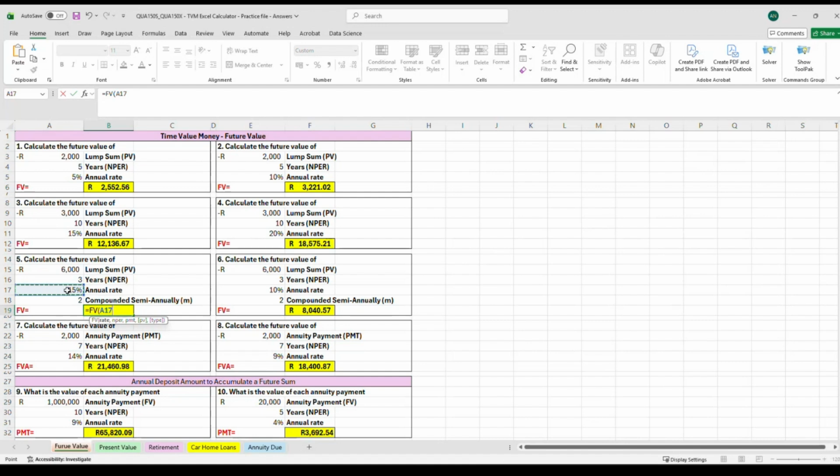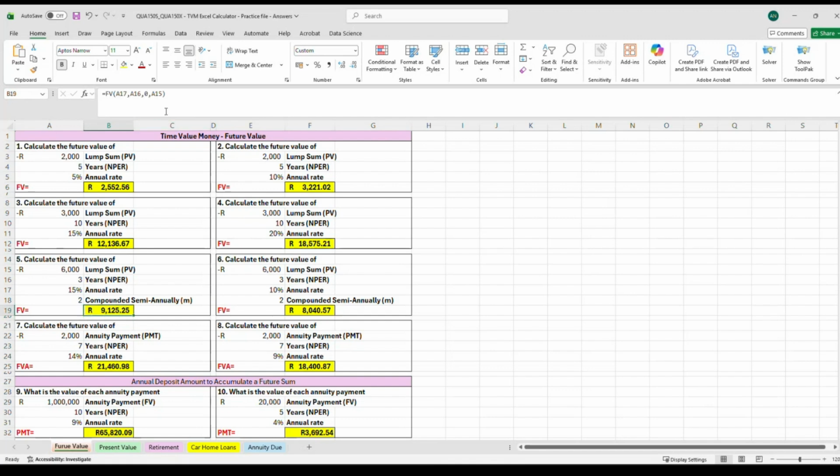Just click once on the rate, comma. Then it says we must select NPER. Which one is NPER? It's that number. Then we don't have a PMT, we have a PV, so we're going to do a 0 here. Then we say comma, and then we select the PV, and then we close our bracket, enter.